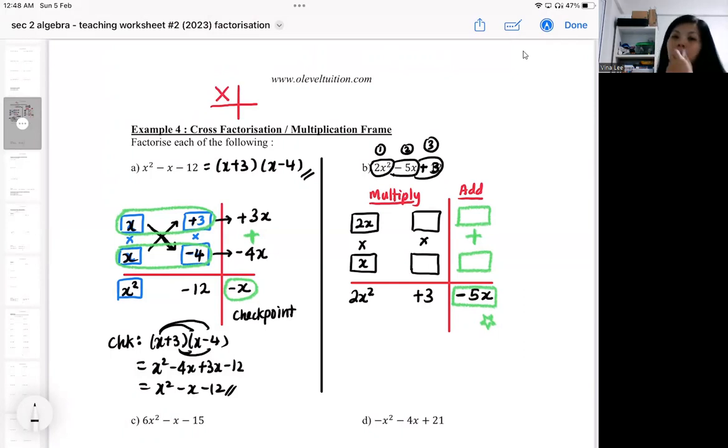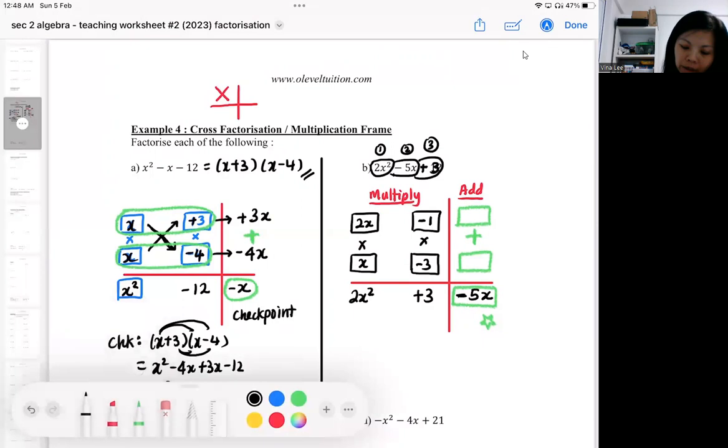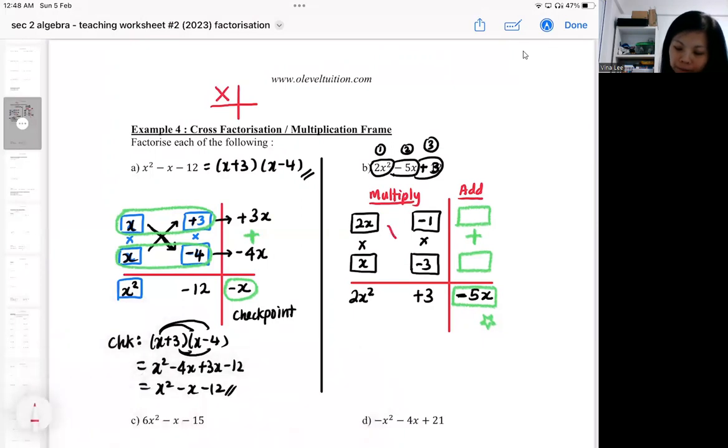Maybe you can also explore a minus. Why do I want to explore a minus? Because the checkpoint has a minus. So maybe I try -1 and -3. I don't know whether it works. So we have to try the cross multiply.